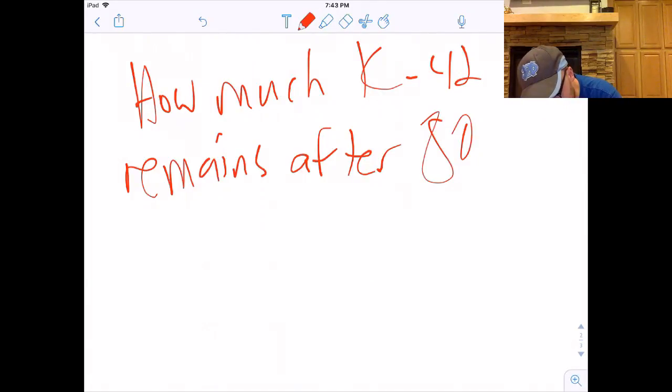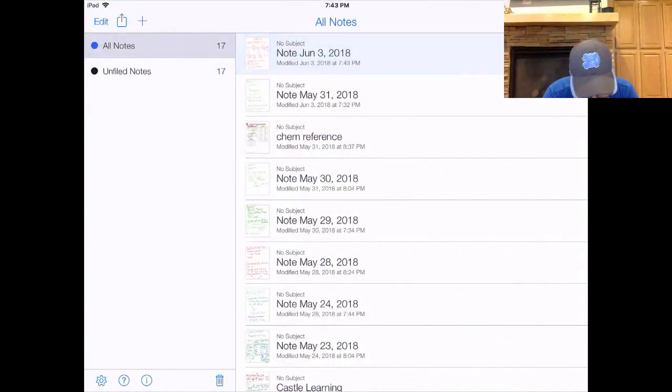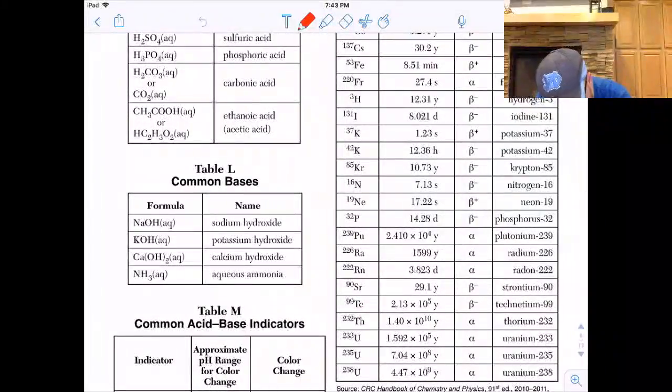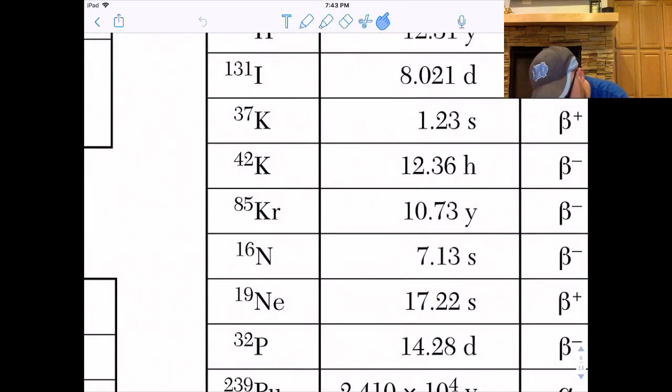I have no idea what its half-life is, but we're about to look it up. You don't know what its half-life is, so you need to look it up. If I go to the reference table and find K42, I'm going to change this probably to hours, which will be divided by 2 for a while. Its half-life is 12.36 hours.